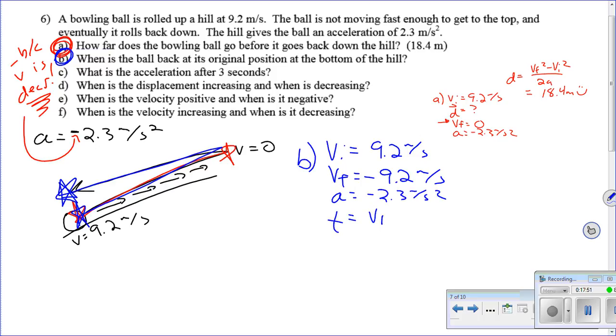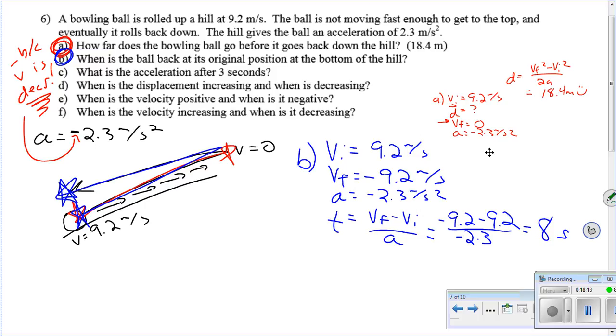So it's vf minus vi all over a. Plug in your numbers, you're going to get negative 9.2 minus 9.2. That's telling me how much the velocity decreased by at a rate of 2.3 per second. Divide it out, and you get 8 seconds. Notice the negatives cancel. If you get a negative time, you made a mistake. Go find it.